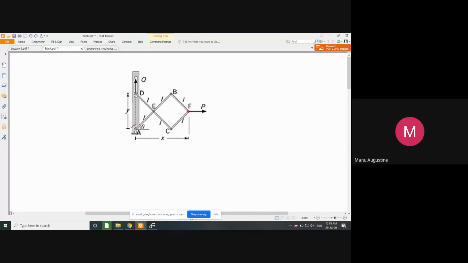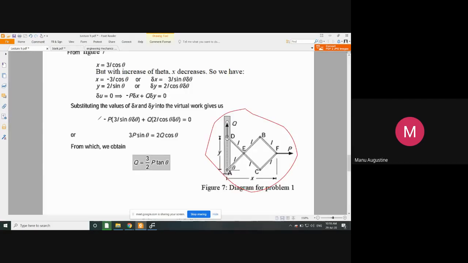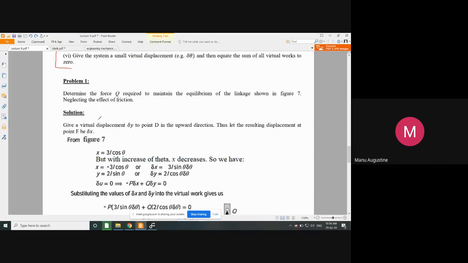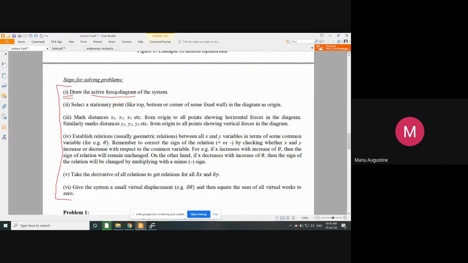But in this case, this point is fixed to the ground. It is not able to move. Therefore, the reactions being developed here will not form active forces. So anyway, there are only two active forces. So our step number 1 has been accomplished, which says draw the active force diagram. So this is done. Now let us move on to the next step.